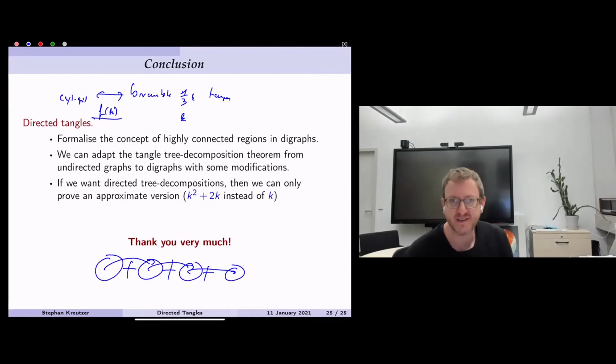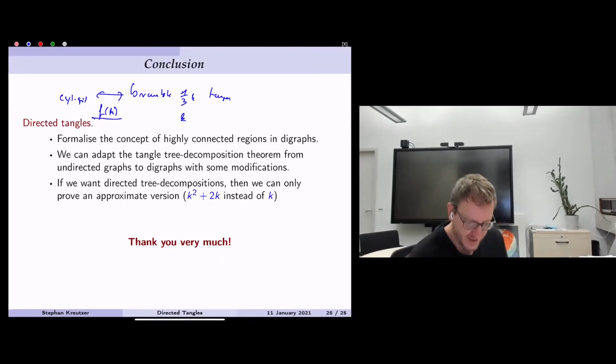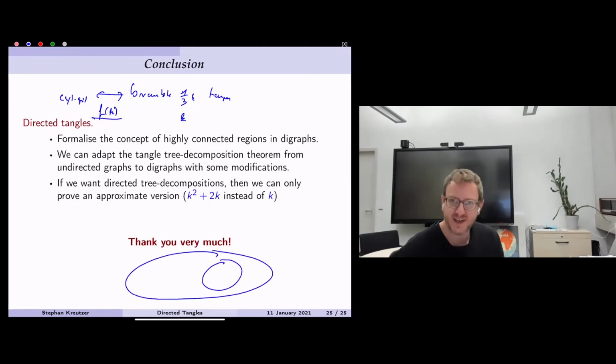Yes, it does. The reason being that if you look at guards of minimum order for a strongly connected subgraph, they're not at all nicely behaved like in the undirected case. So if this is your graph and this is a strongly connected piece you want to split off, then the optimal guards could sit somewhere here.